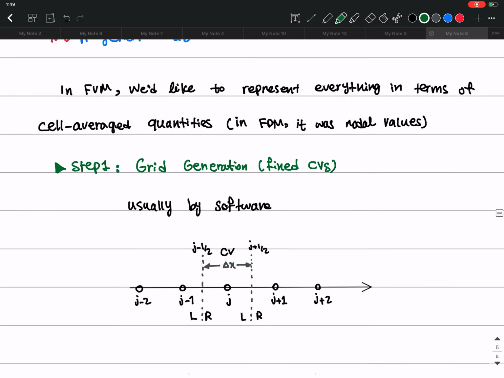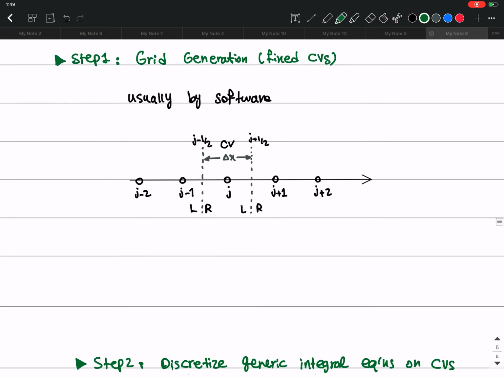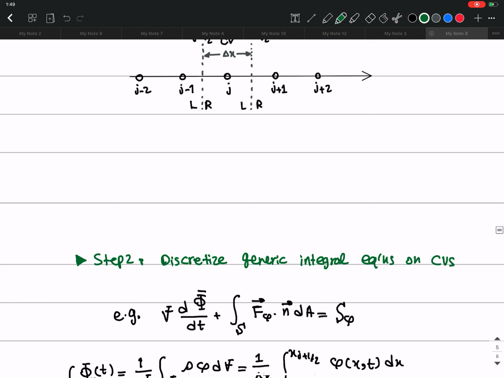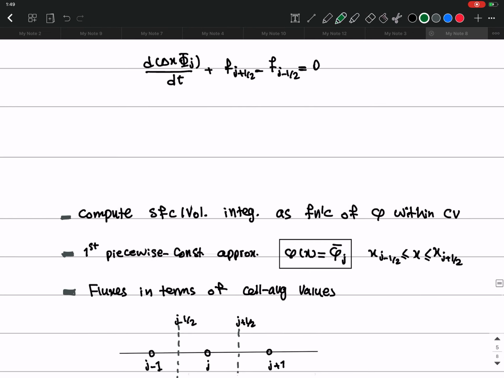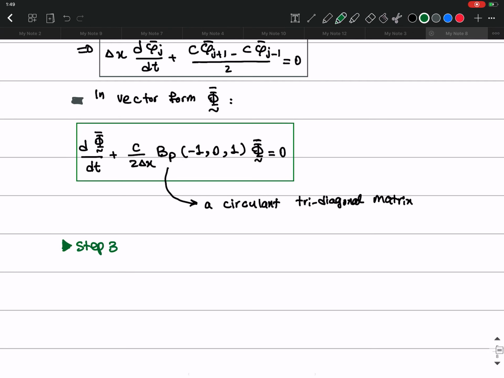so the first thing was we did the grid generation. Step 2 was discretize the generic integral equation, or discretize in space, which we did here.